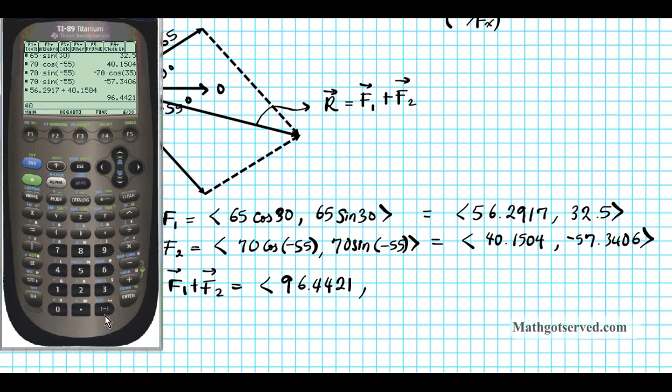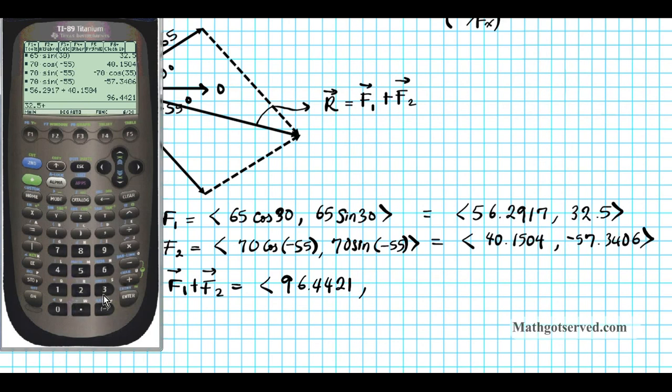Alright, so that's the y component of our resultant vector. So that is, let's write that down again, negative 24.8406.